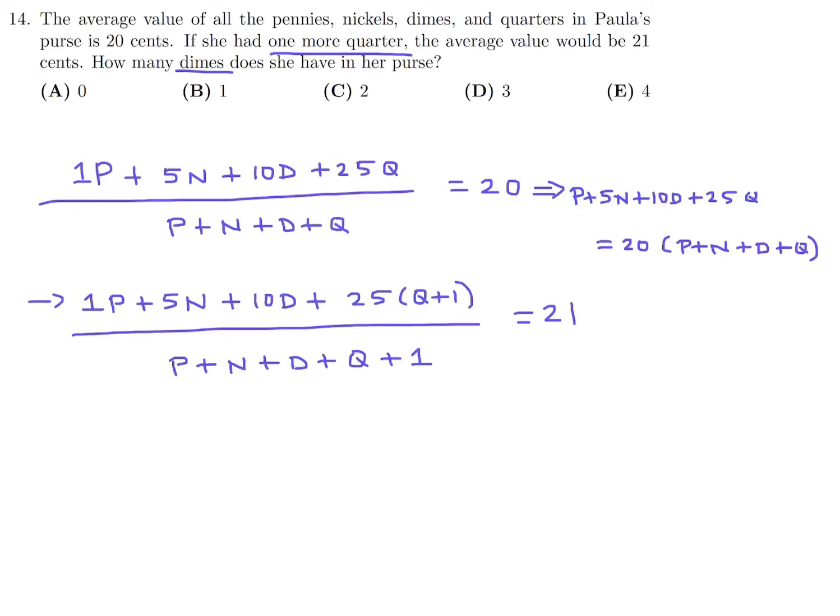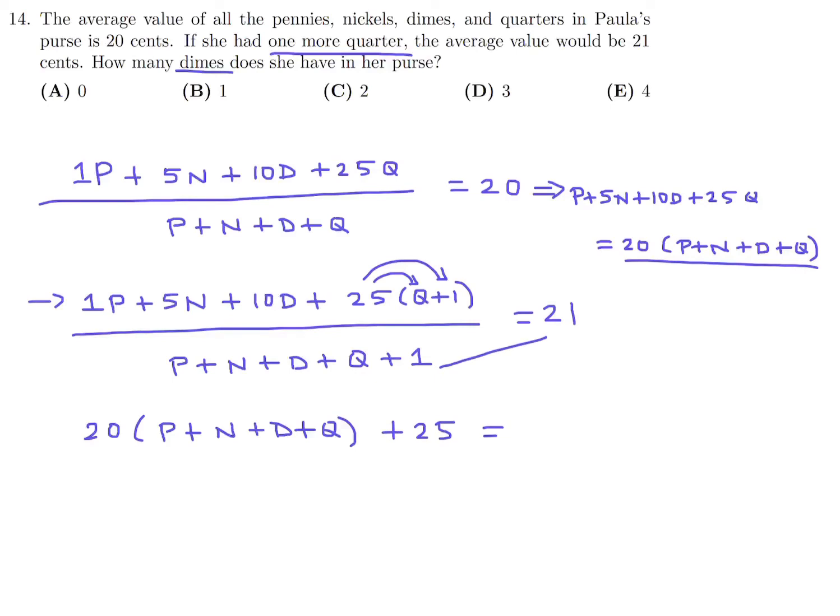So this P plus 5N plus 10D plus 25 is going to be 20 times P plus N plus D plus Q. But remember, don't forget there was a 25. When you multiply this out, you get a 25 at the end. So it's 25 like that.